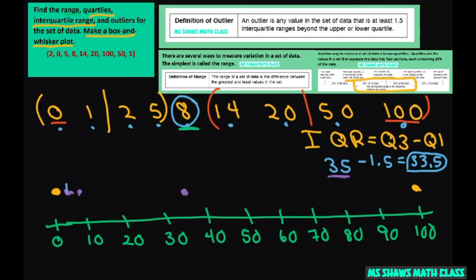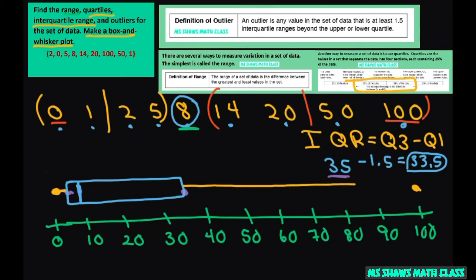So we're making our box like this. And then you draw a line there. Now we're going to connect this lower value with this upper value here, this extreme value there. All right. So now that's our box and whiskers plot.